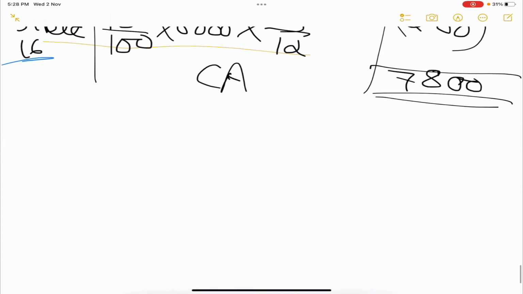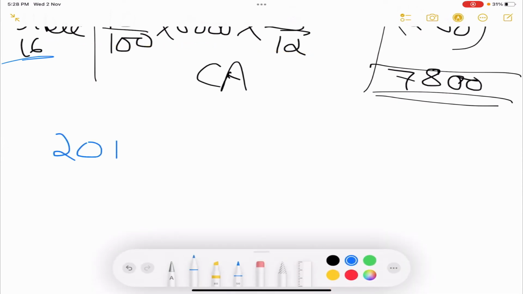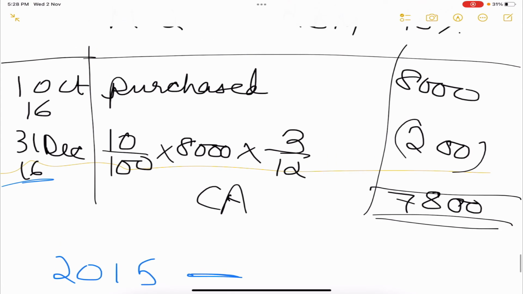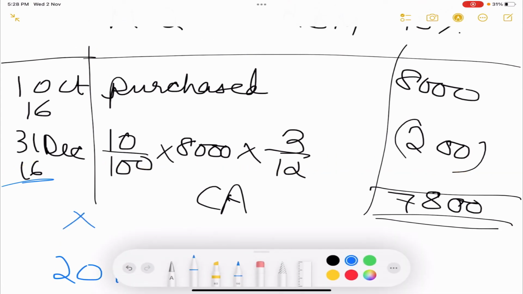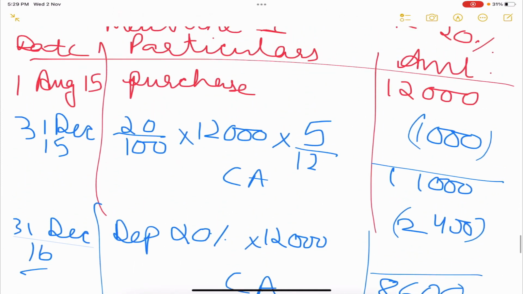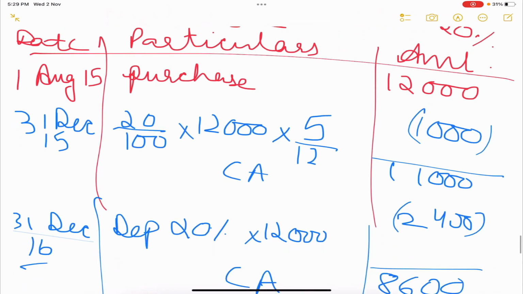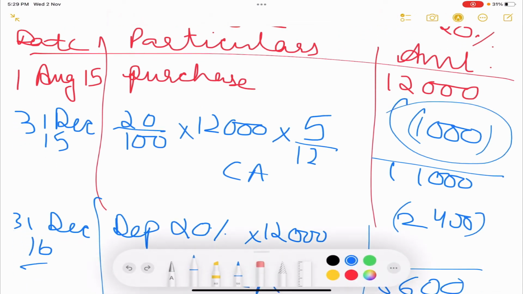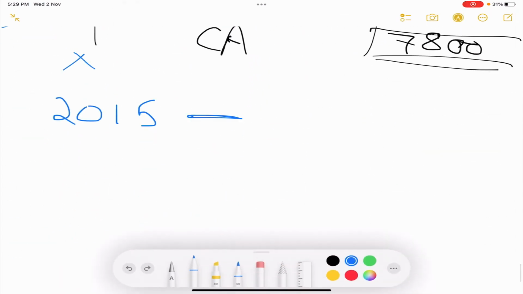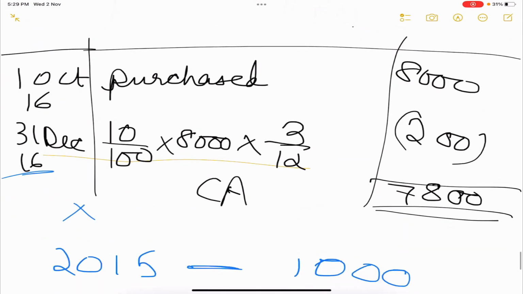Now first let us see the total depreciation of the year ended 2015. So in M2, what was the depreciation in 2015? Nothing. Why? Because we bought the asset only in 2016. So 2015 depreciation. How much was the depreciation for machine 1 in 2015? It is 1000. Okay, so let's write that. In 2015, we had a depreciation of 1000. What about 2016? How much depreciation has taken place in 2016?